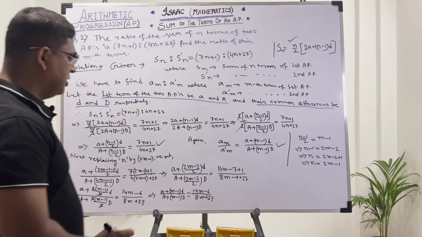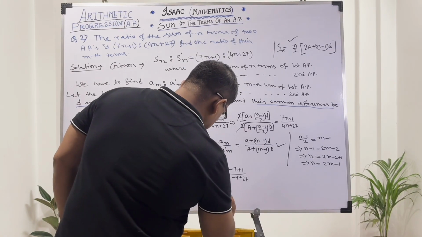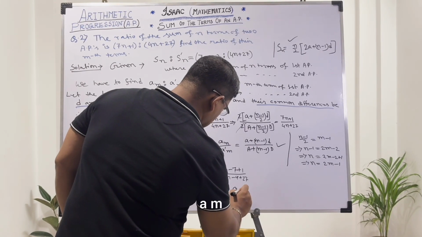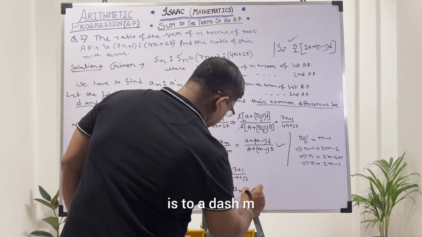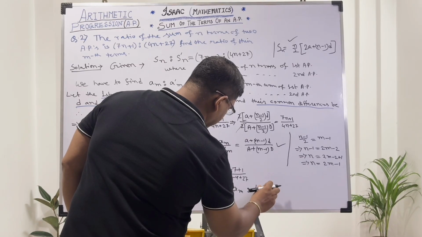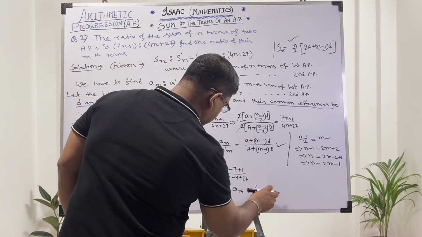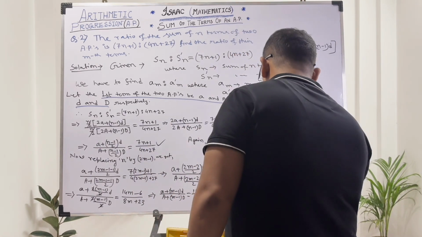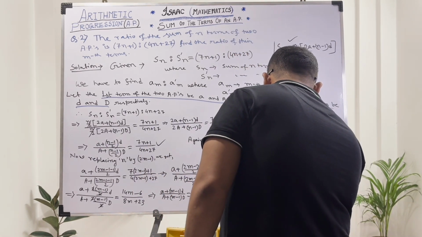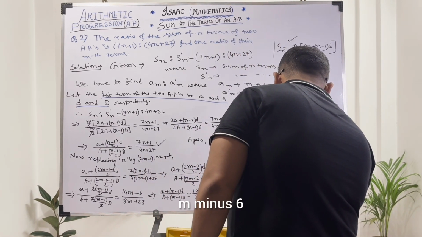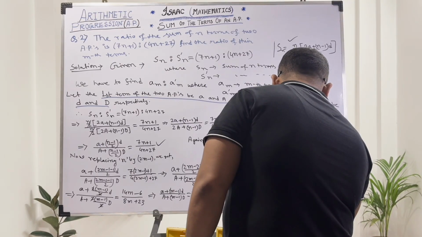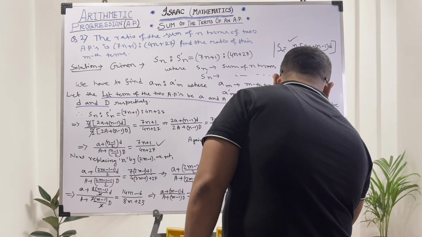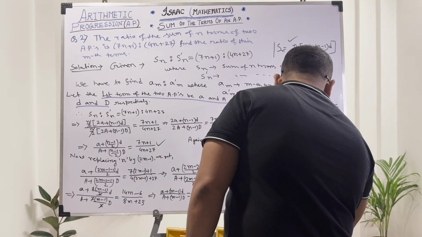Okay. So this implies Am is to A dash m equals to 14m minus 6 is to 8m plus 23.